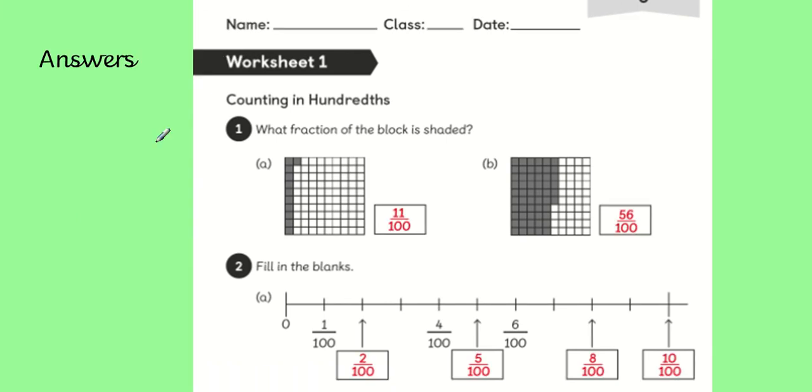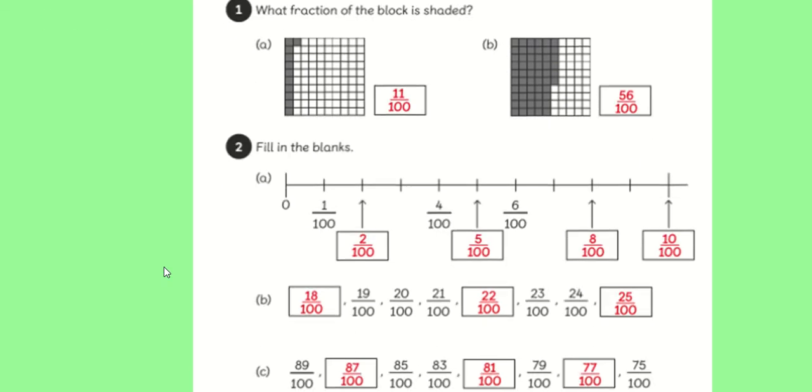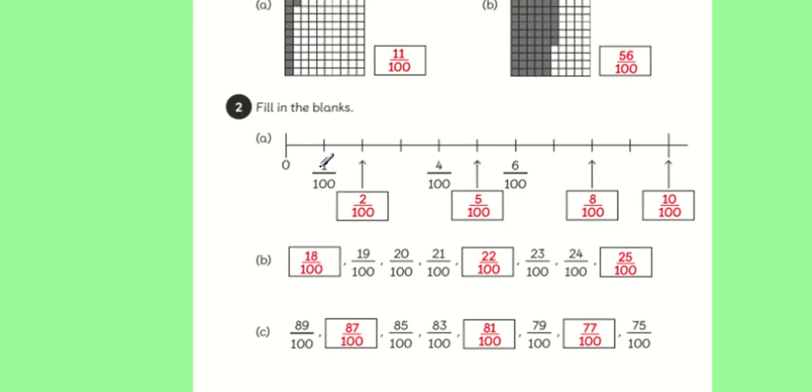Okay, well done. Here are our answers then. So 11 blocks were shaded, so 11 out of 100, 11 hundredths. In this one, 56 of the blocks were shaded. Okay, so 56 out of 100 is 56 hundredths. Here are our blanks filled in, so 1 hundredth, the next one is 2 hundredths.